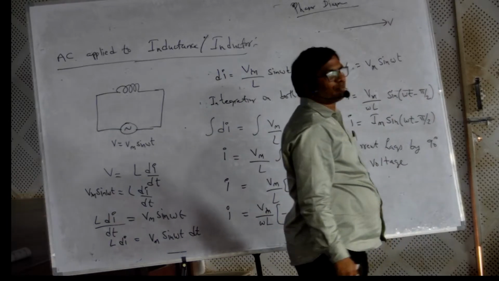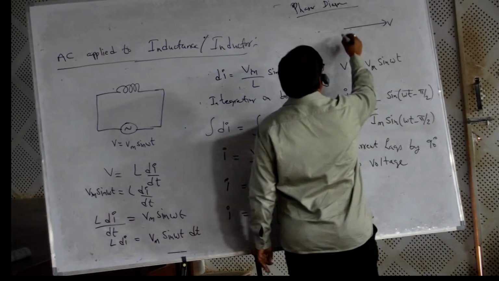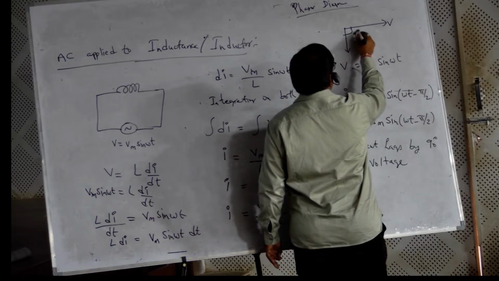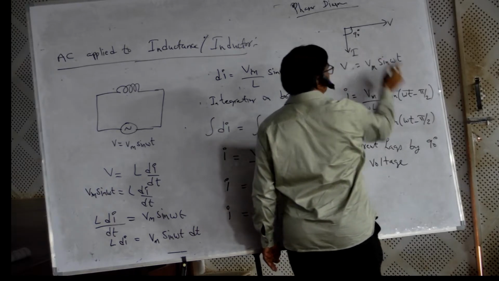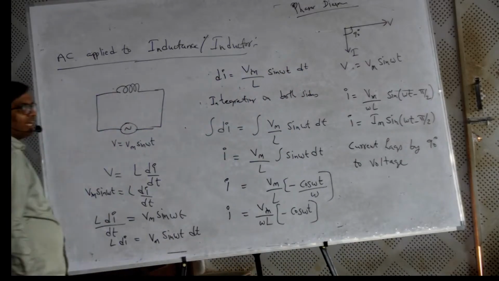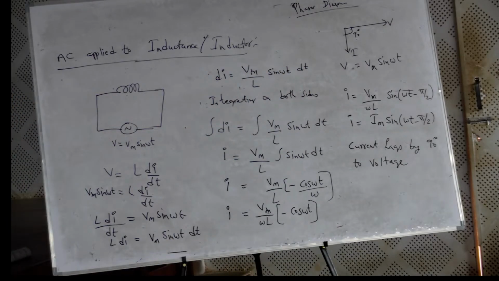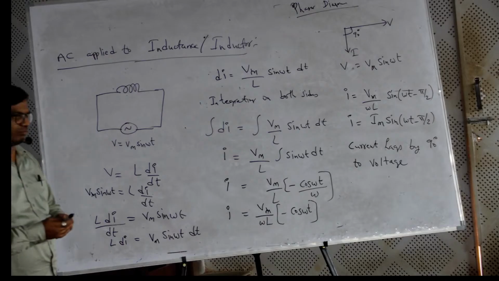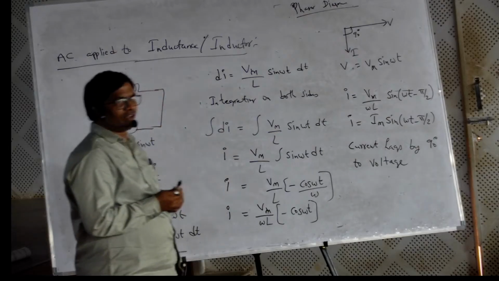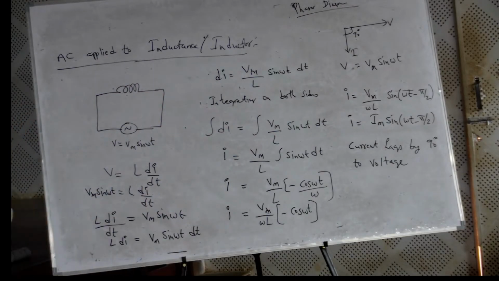Current lags by 90 degrees. This is I. So the phasor diagram is easy to draw. But the waveform we'll write down. After this we will draw the waveform.